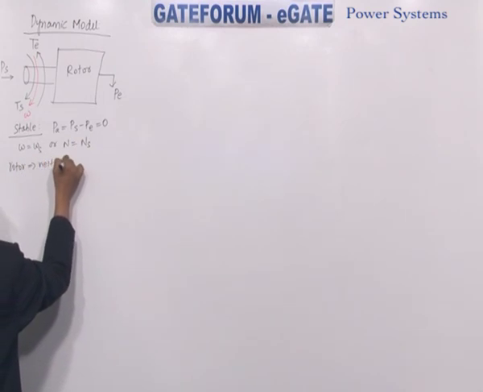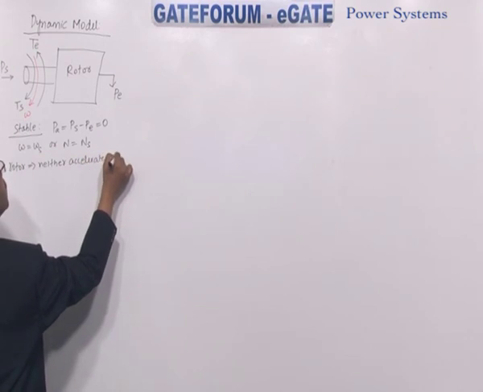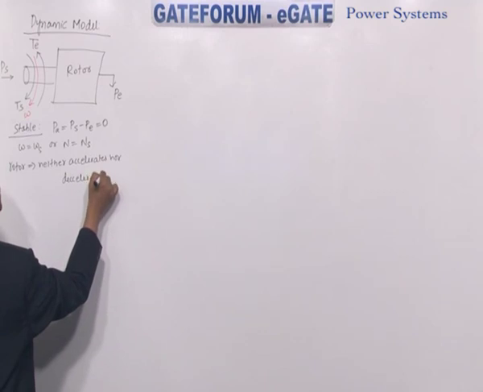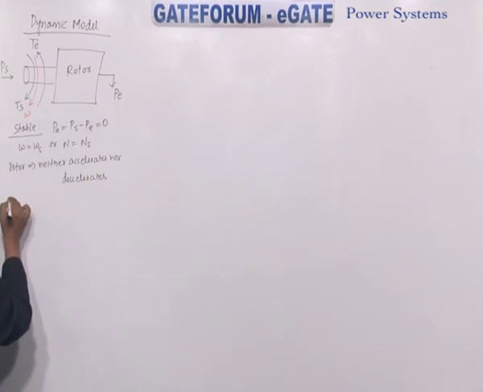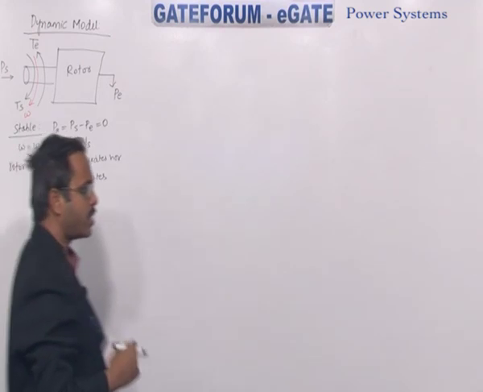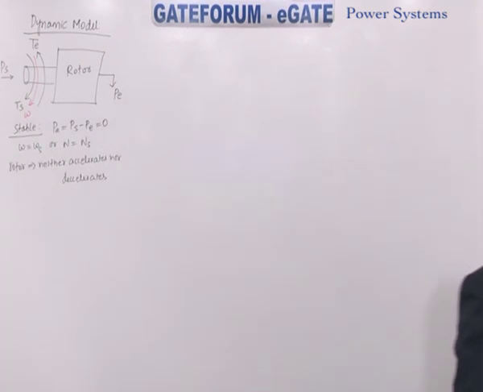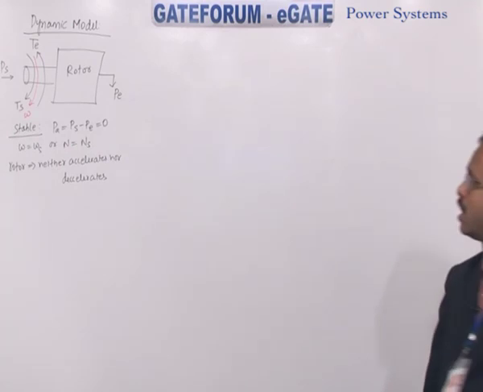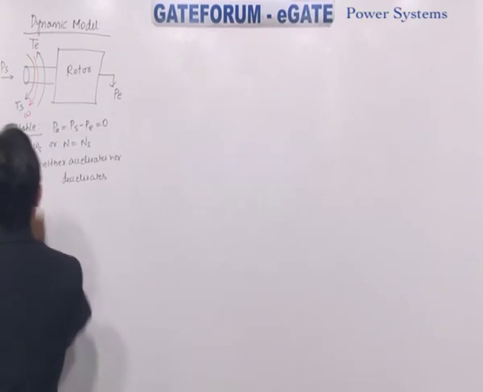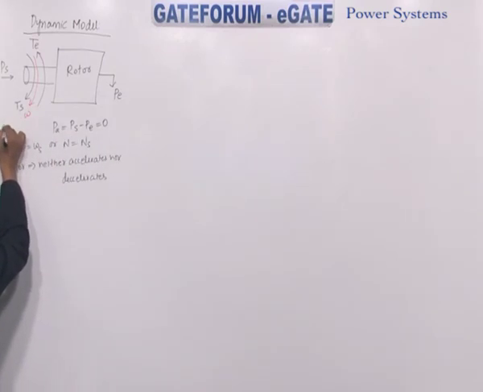Neither accelerates nor decelerates. So this is case 1. For stable conditions, PA is 0. Or say this stable condition as before fault. You refer to anything as case 1, that is before fault.